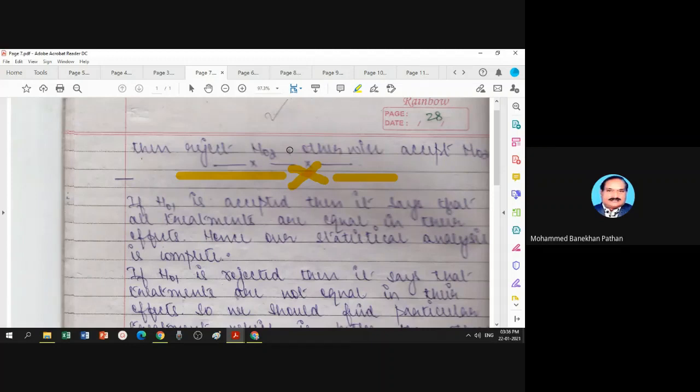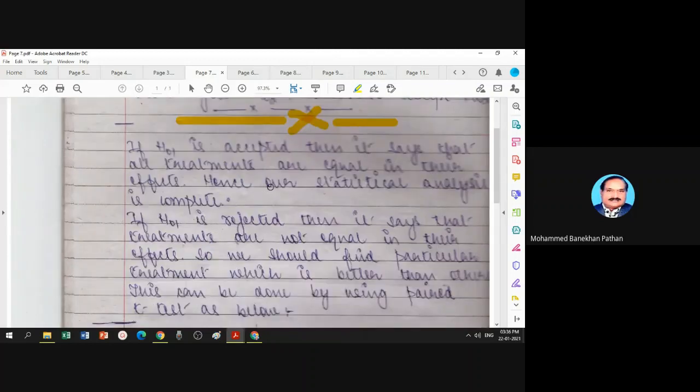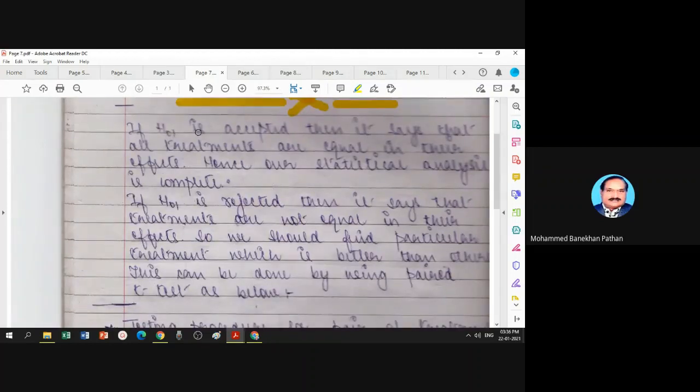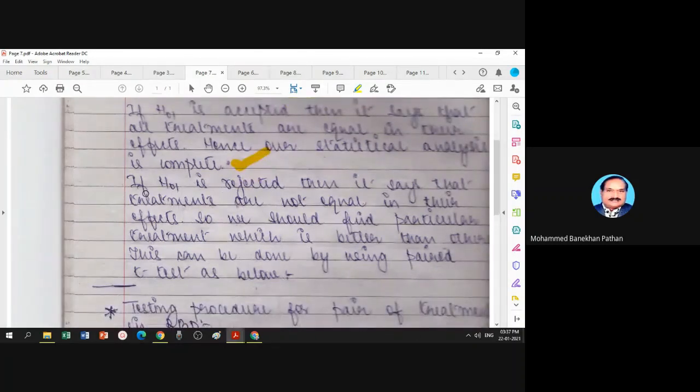It is done by using the paired t test. I write a conclusion here. If H naught 1 is accepted, then it says that all treatments are equal in their effect. Hence, statistical analysis is complete. You have to stop. But what does the next paragraph say?